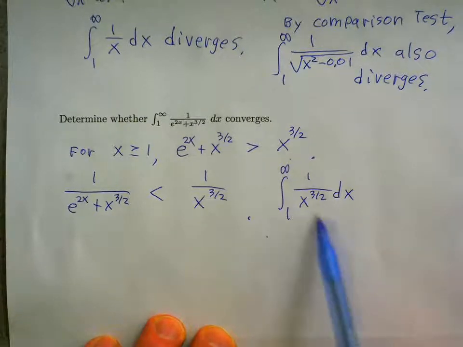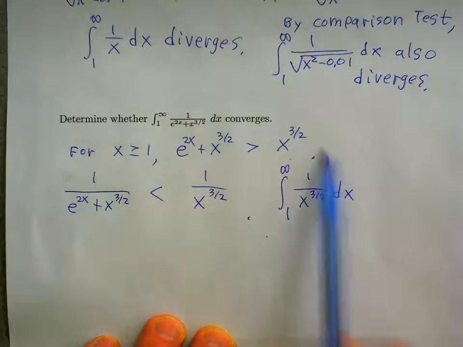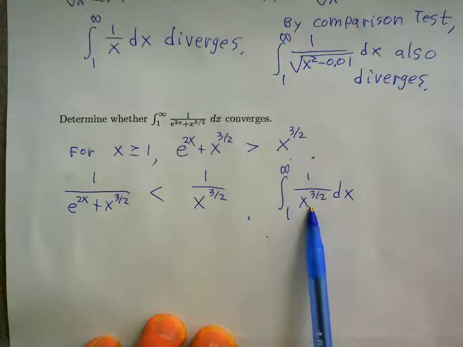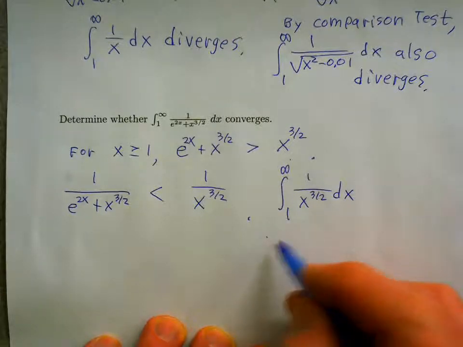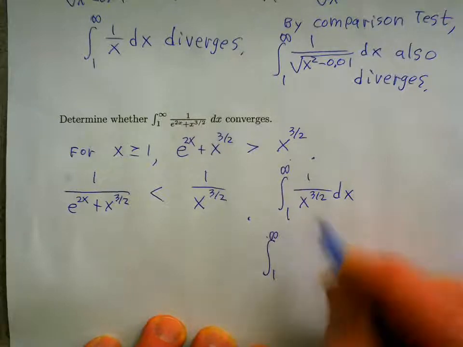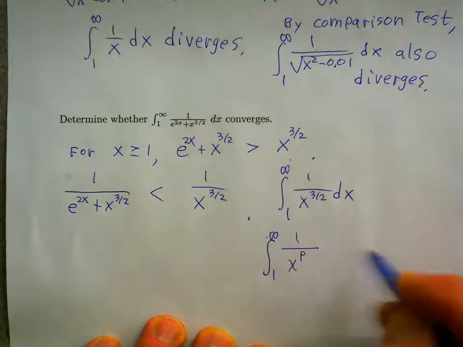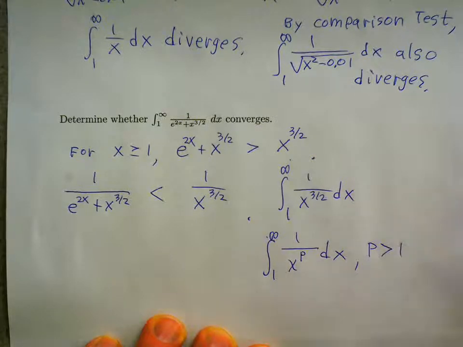So this is one of those p functions, 1 over x to the p. So this has the form 1 over x to the p dx, and p is greater than 1. The exponent 3 halves is greater than 1.